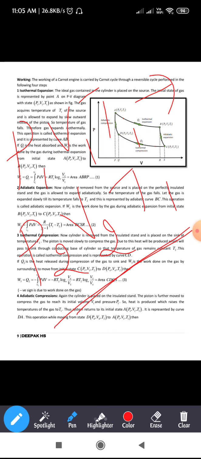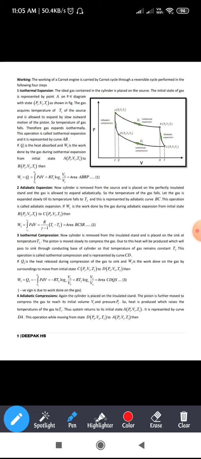So this is the isothermal expansion, and the curve AB denotes the isothermal expansion. The work done comes out to be W1 is equal to Q1 is equal to integral of V1 to V2 PdV is equal to RT1 log base e V2 by V1, which is equal to area ABRP. That was our equation 1.